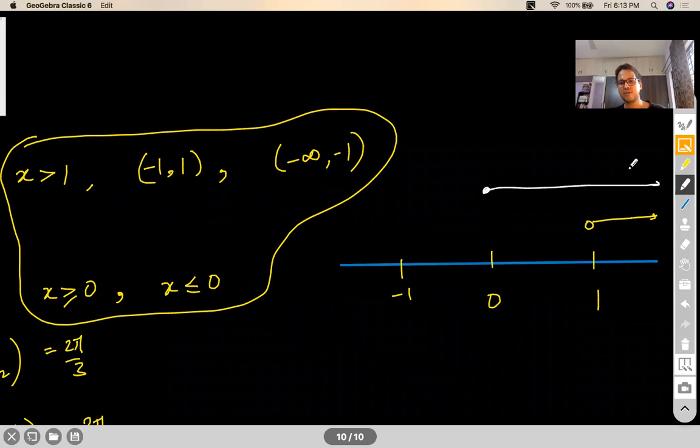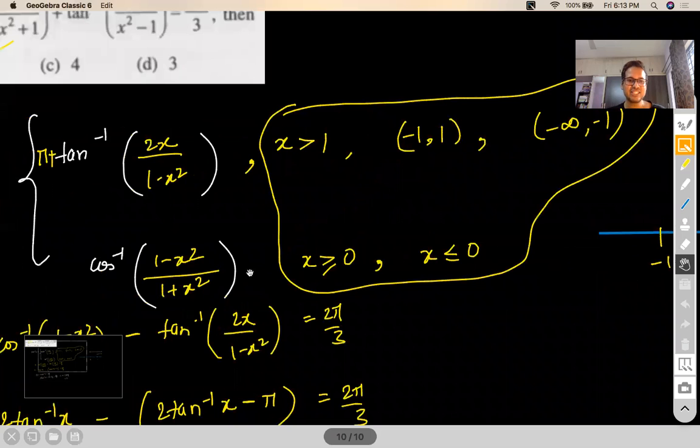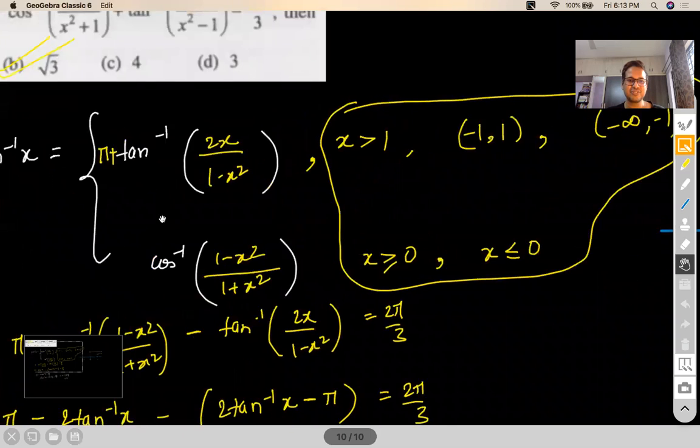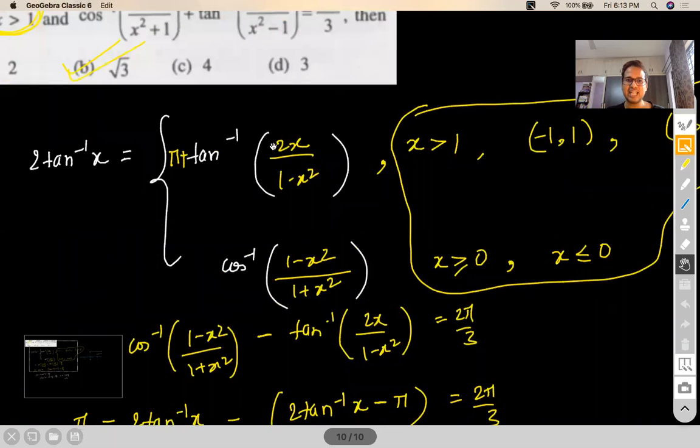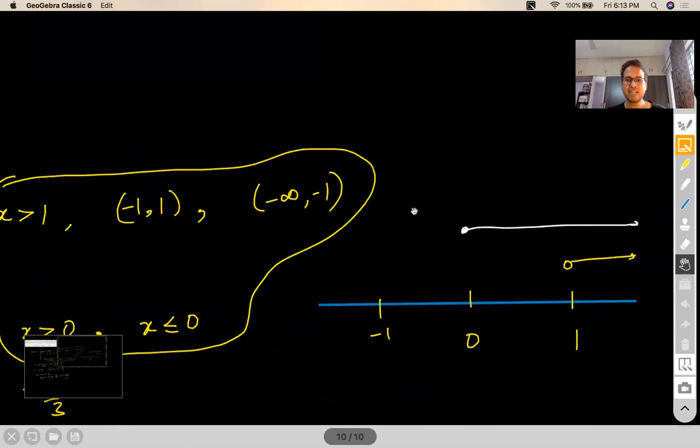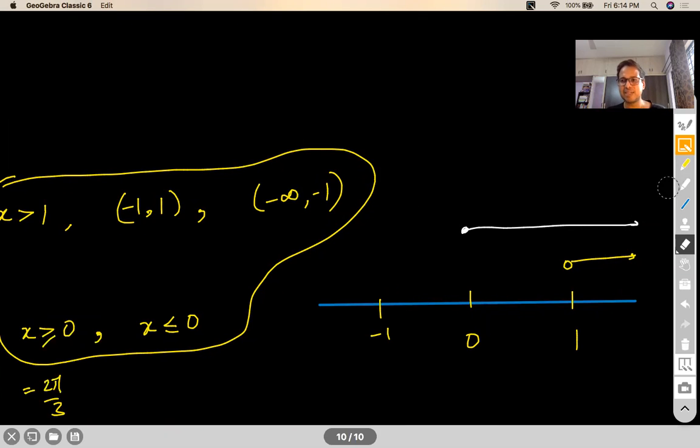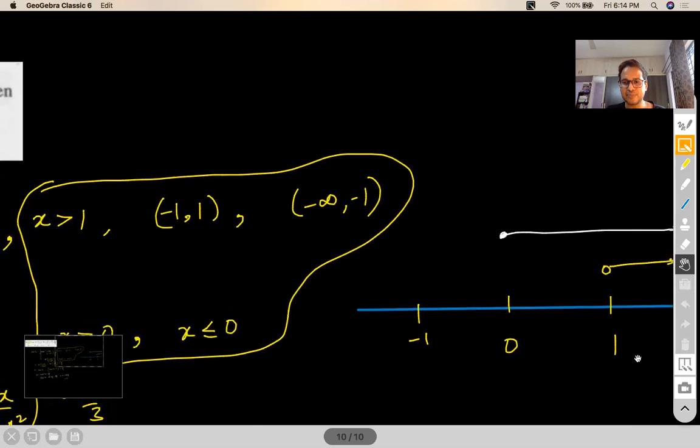Okay, so from 1 onwards, 1 to infinity, you are going to follow this definition, and you are going to write tan inverse 2x by 1 minus x square in terms of 2 tan inverse x minus pi, and this has 2 tan inverse x, and solve the question. In your interval -1 to 1, this is one overlap that will happen. The other overlap, I'll just write it down over here.